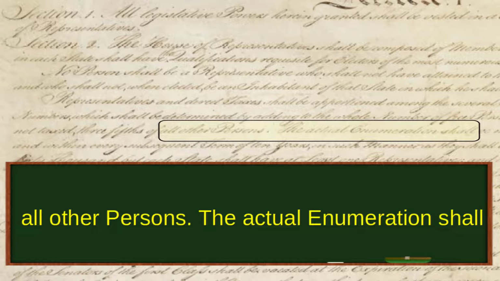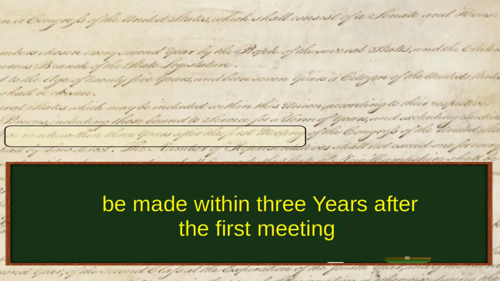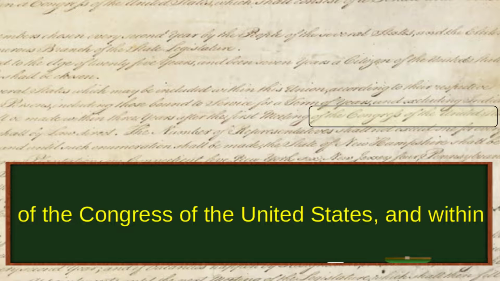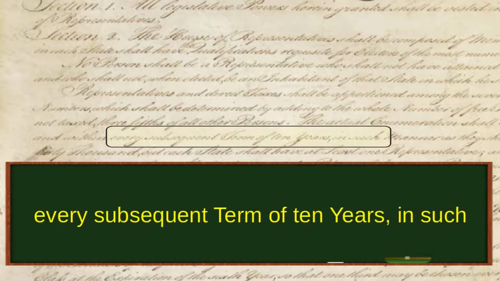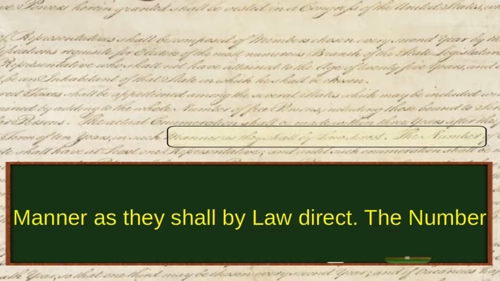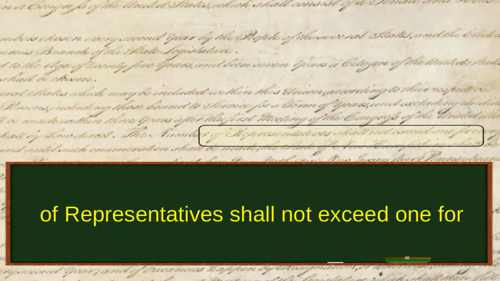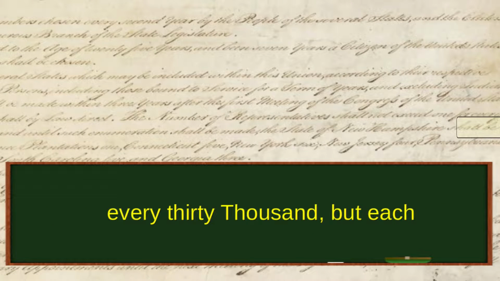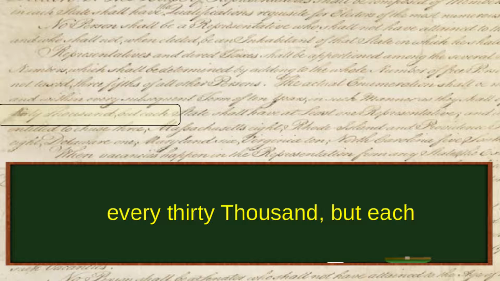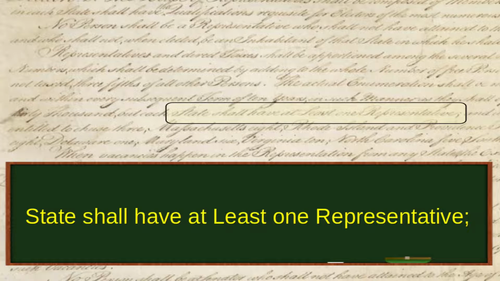The actual enumeration shall be made within 3 years after the first meeting of the Congress of the United States, and within every subsequent term of 10 years, in such manner as they shall by law direct. The number of representatives shall not exceed 1 for every 30,000, but each state shall have at least 1 representative.